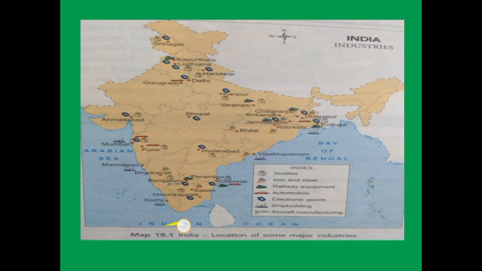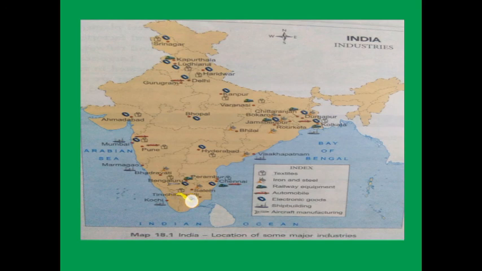Then here near Marmagao, Mumbai, and that's all. So here the shipbuildings are there. Next is aircraft manufacturing. Aircraft manufacturing, children, you can find here in Bangalore. Their aircrafts are made.